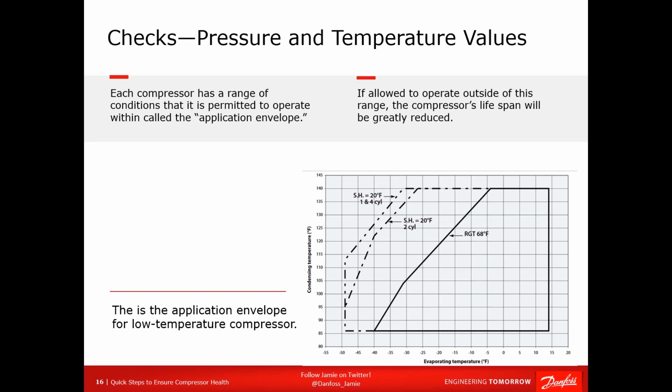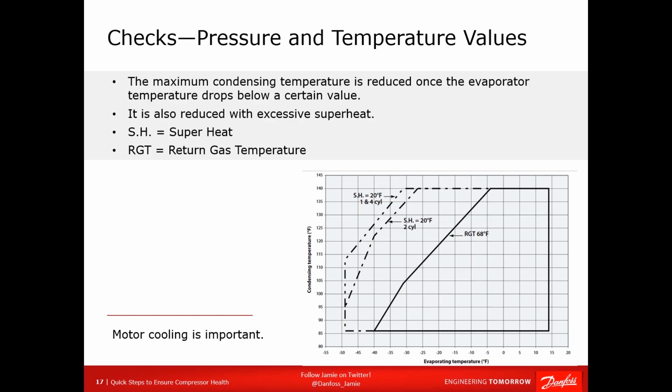So here's the rub. Pressure controls assume a specific value for superheat. It's very low. If the superheat goes up, you're going to have to reduce that value and interpolate a bit here. An example is on the very right-hand side, you'll see what's called RGT 68. That is a return gas temperature of 68 degrees, the maximum the compressor can take.